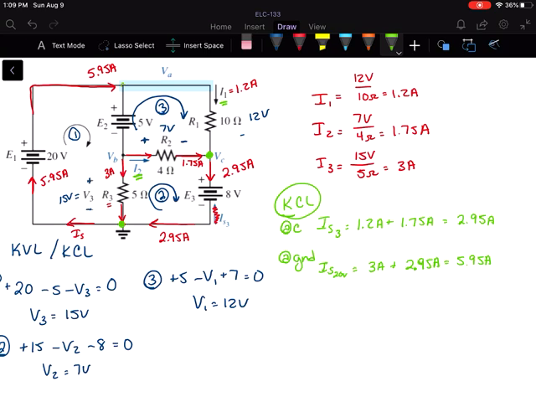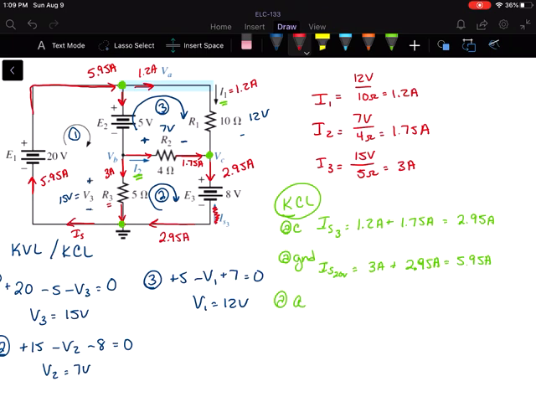And now I can look at Kirchhoff's current law there at VA. And what do we see here? Well, we've got 1.2 amperes leaving the node, 5.95 coming in, and so we just need this current right here.